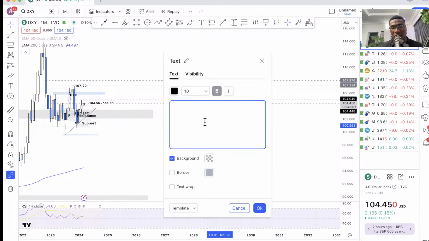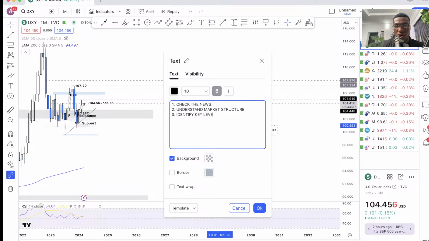Now, the first step, which we've already done, is to check the news. The second step is to understand market structure. The third step would be to identify our key levels.